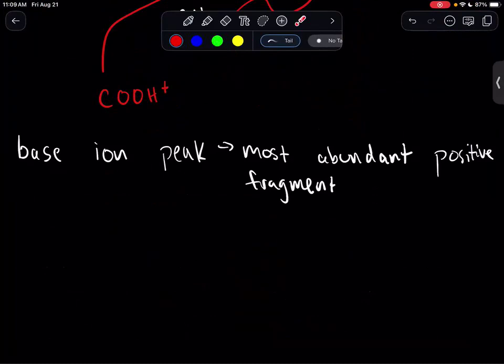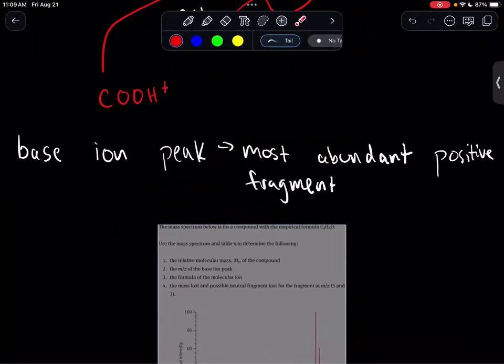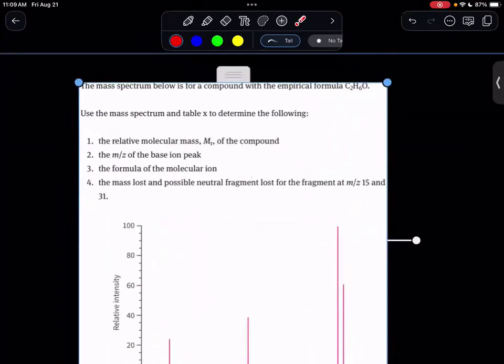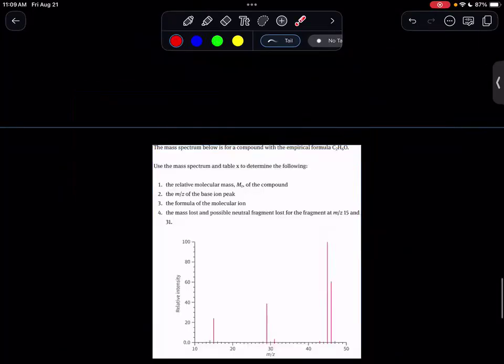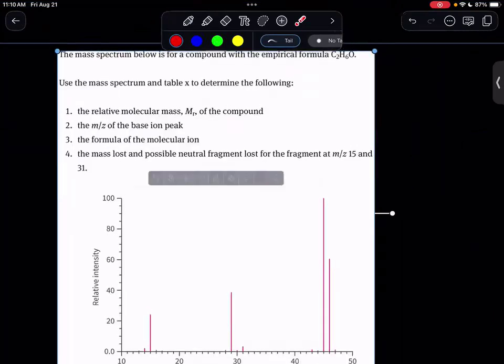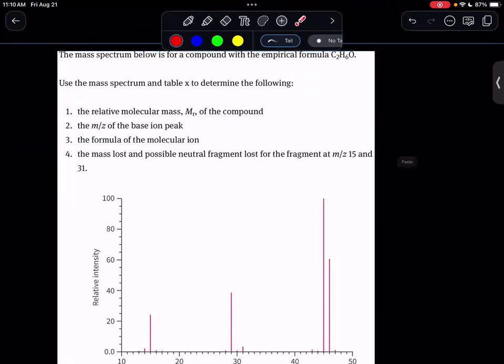And so the best way to do this is just by practicing. Mass spec is definitely something that I think you just have to practice a lot to kind of get it all figured out. So I've got an image right here that I've also gotten from Cognity, and we're going to use this to practice a little.